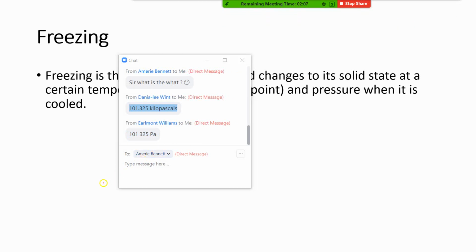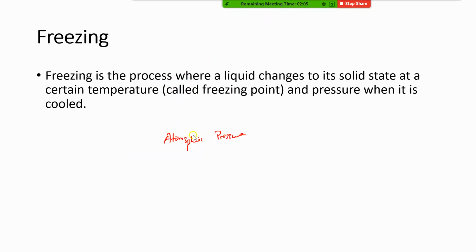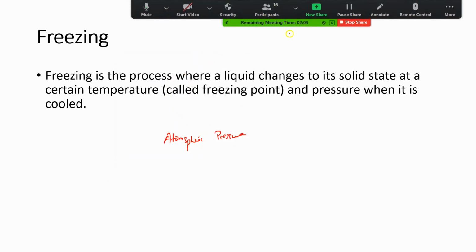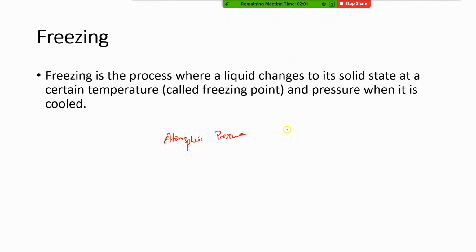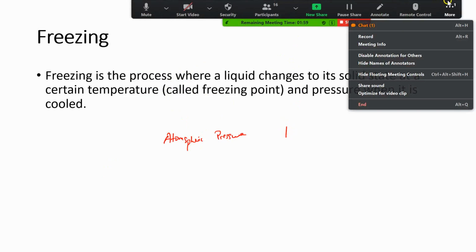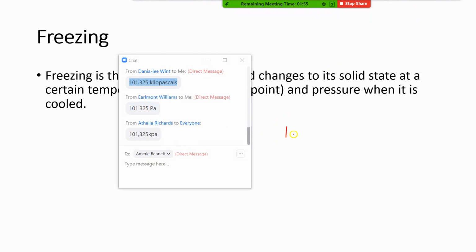Let me send it here. So it is... you guys have to be sure about the answer. I see some person sending several answers. I don't know whether I'm to accept your answers, yes or no, right?